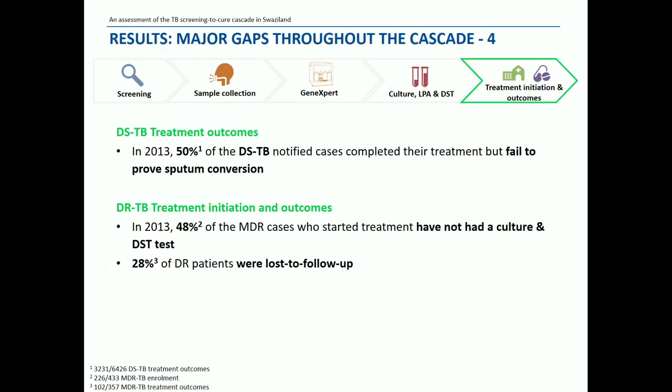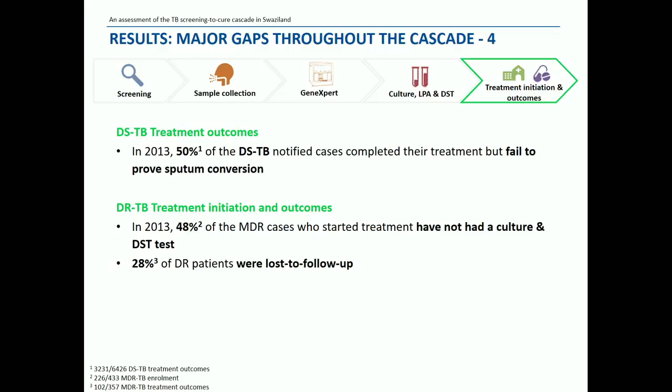And this goes back to the rapid introduction of GeneXpert at the time, which in a sense for a year and a half, almost 2 years, replaced the need for healthcare workers to send samples to the NTLP for follow-up testing. I think with the way that GeneXpert was implemented in a lot of countries, it was a rapid scale-up process, without allowing sufficient time for capacity building, as well as recording and reporting tools to capture results, and to ensure that healthcare workers fully understand that GeneXpert is the first step in the diagnostic algorithm, but there is still a need for follow-up phenotypic testing for full resistance profiling.